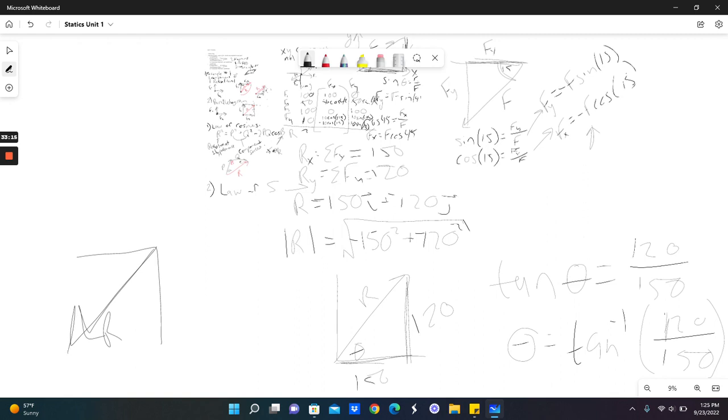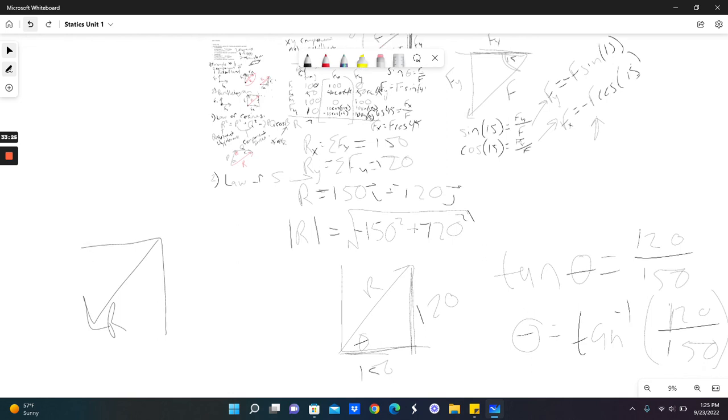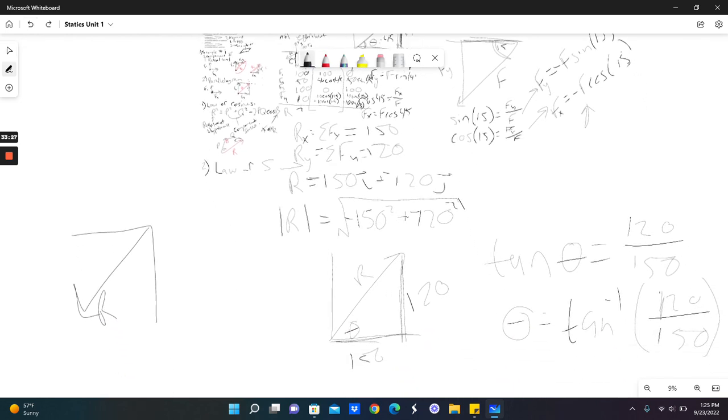We're still going to get a triangle depending on how you draw it. Let's say we drew it this way. This is our resultant force, this would be its x component, and this would be its y component.